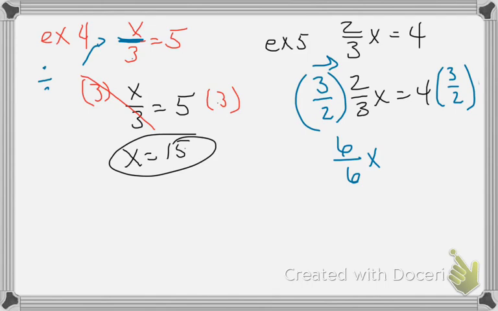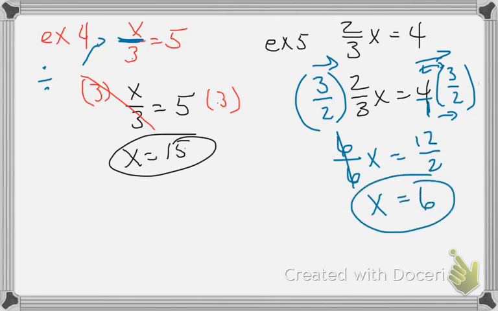Now this one, it's a whole number times a fraction. I'm going to pretend there's a 1 underneath it, and then they're both fractions and multiply across. So that becomes 12/2, because 4 times 3 is 12. 1 times 2 is 2. Now 6 divided by 6 is 1x, and 2 goes into 12 6 times, and there's my answer. And that's how you do this.